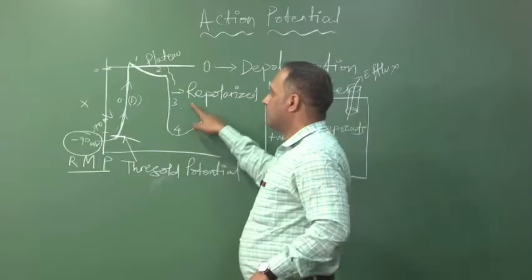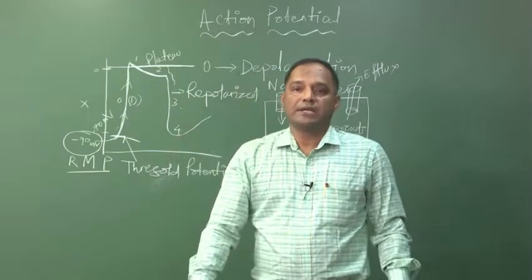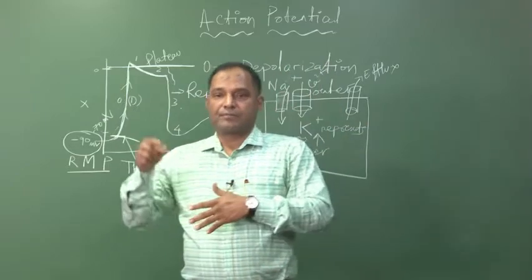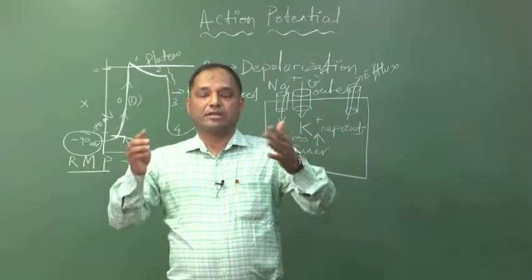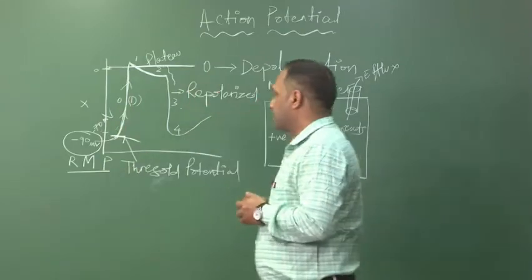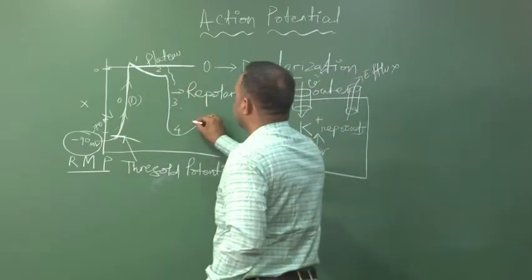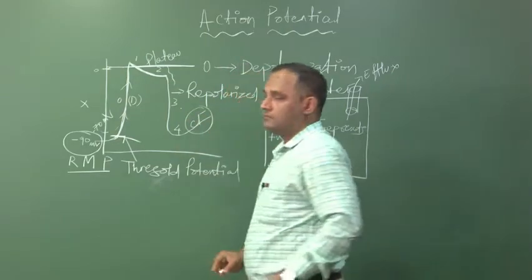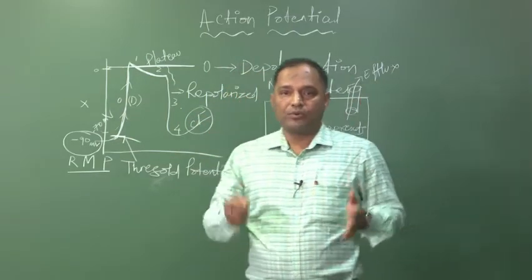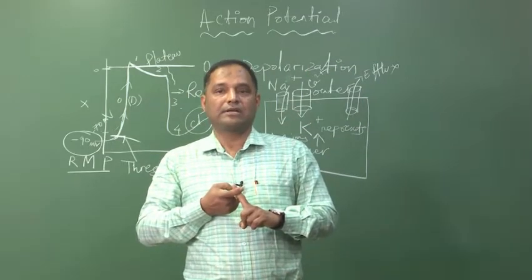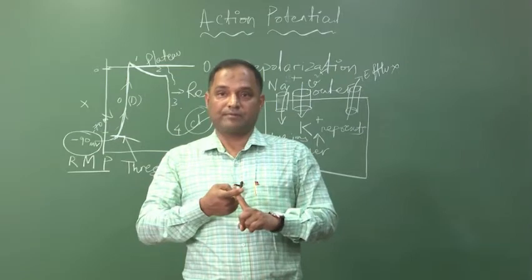Here the sodium, potassium and calcium will be in a regular phenomenon. Thereafter this chloride channel opens, and this will make the cell fully recharged, and the complete cycle ends with the help of chloride.